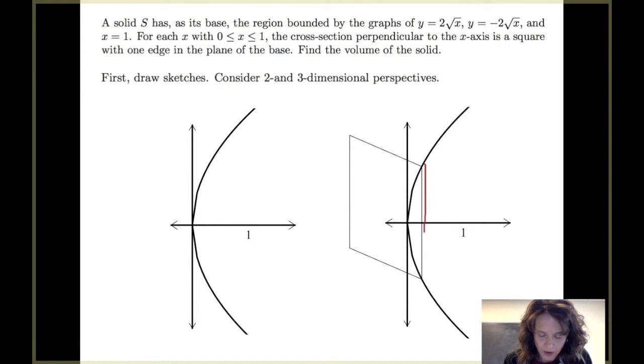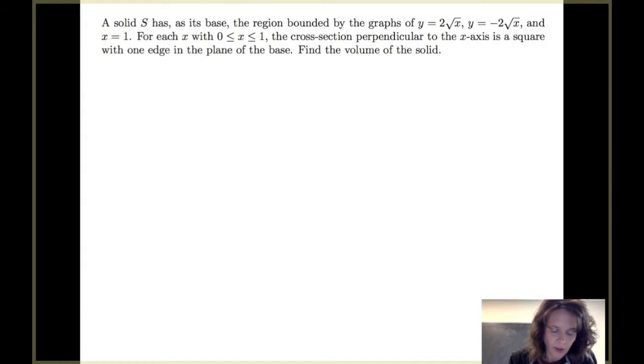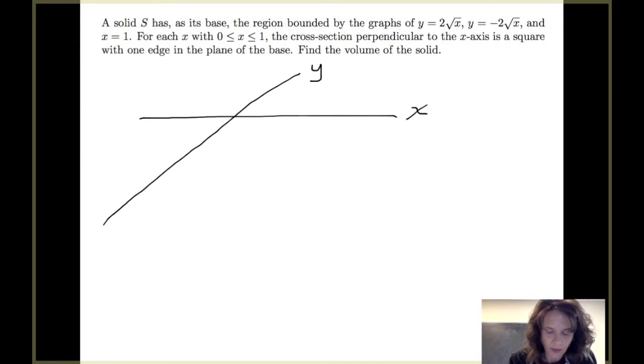So here's one edge of the square, and now it doesn't look like a square, it looks more like a parallelogram, but in order to draw three-dimensional, sometimes it helps to draw things at an angle. So I'm going to say that this is my y-axis. Here's my x-axis.